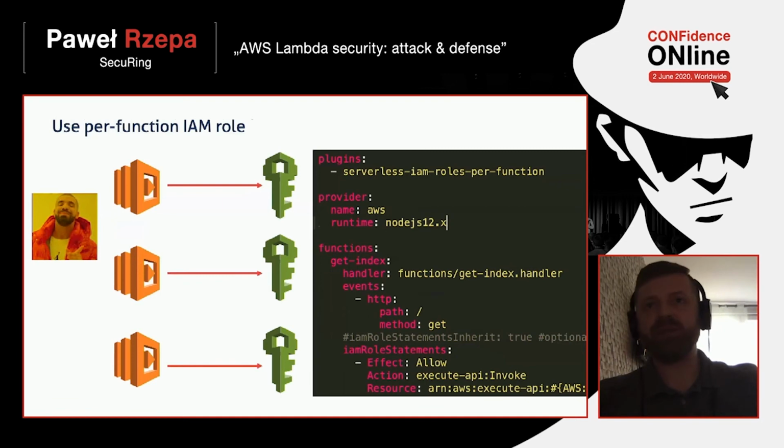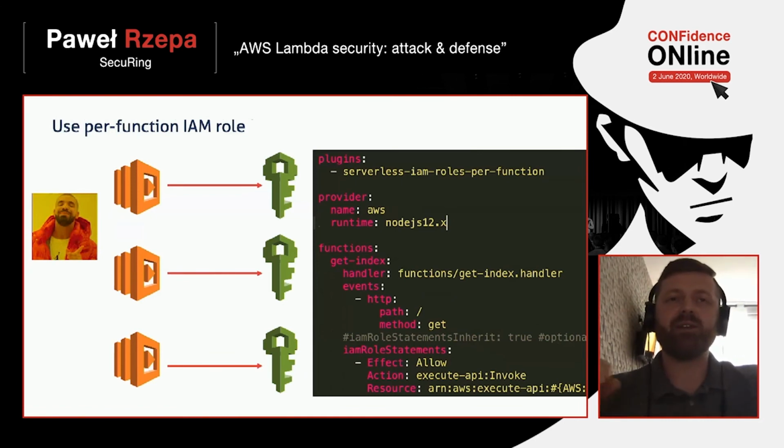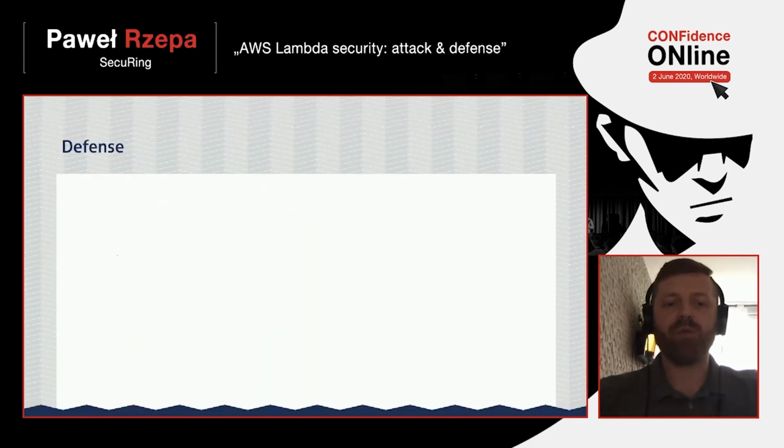So you have to install a dedicated plugin, which is called serverless IAM roles per function. And then in the serverless YAML configuration file, you can create a separate role for each function, which from the security point of view is what we want.